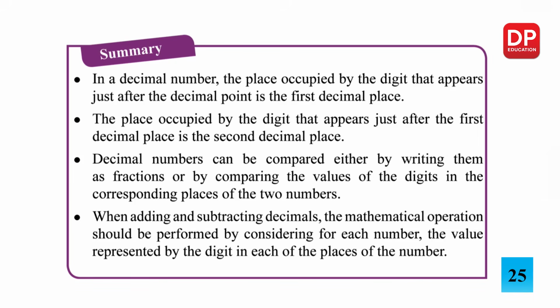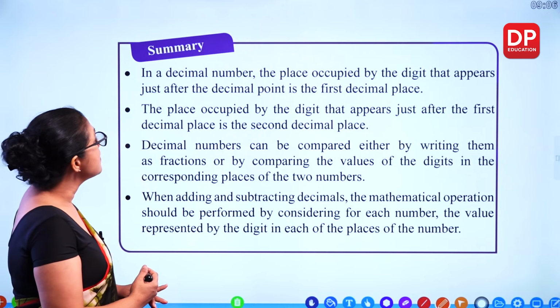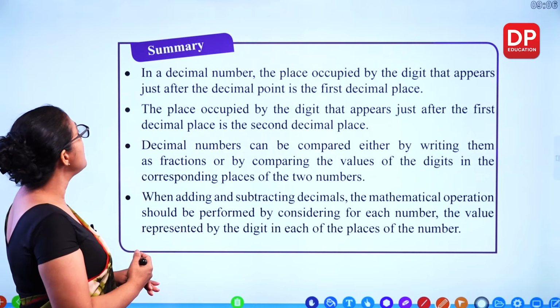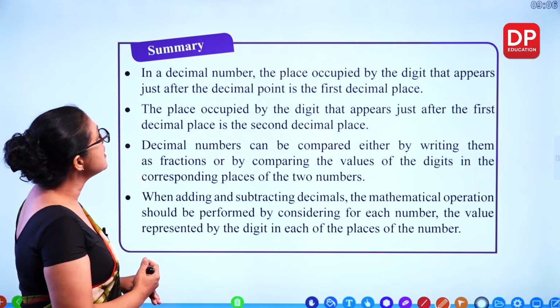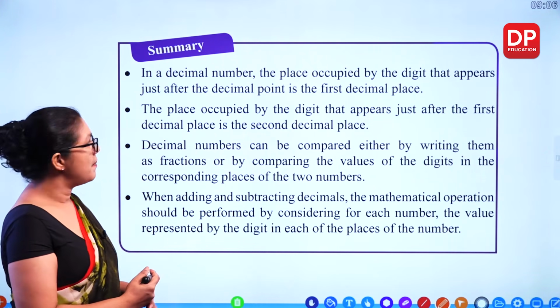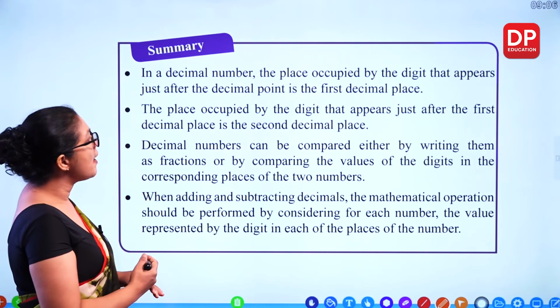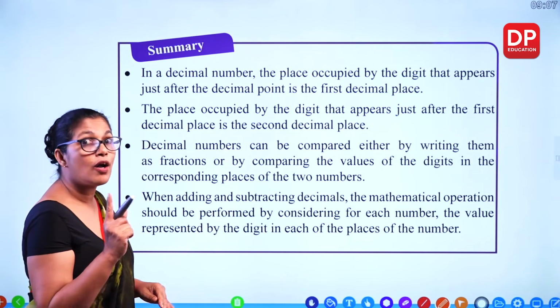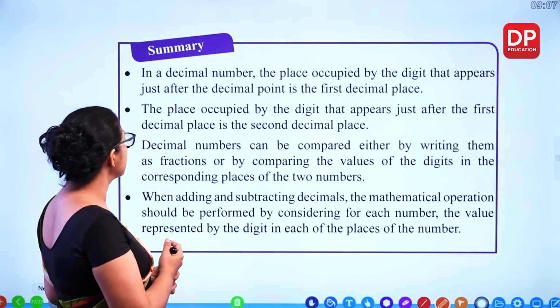So we completed all theory related to decimal. So in a decimal number, the place occupied by the digit that appears just after the decimal point is the first decimal place. The place occupied by the digit that appears just after the first decimal place we call the second decimal place.